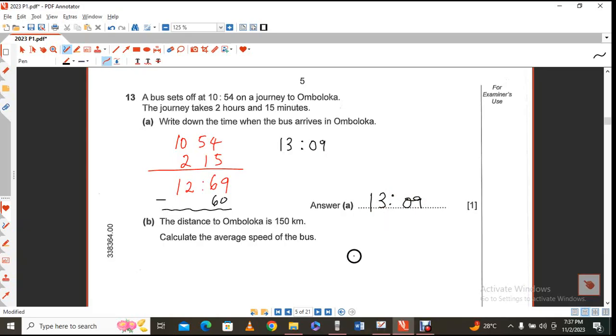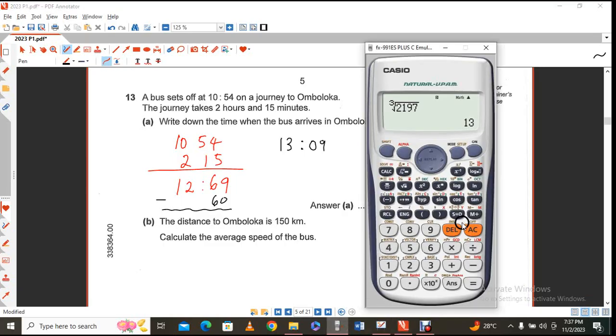You can also use your calculator's time button: you say 10 hours, 54 minutes, and you add 2 hours and 15 minutes. You're going to see that you have 13 hours and 9 minutes, and then you write it in the way that we write it. Good.